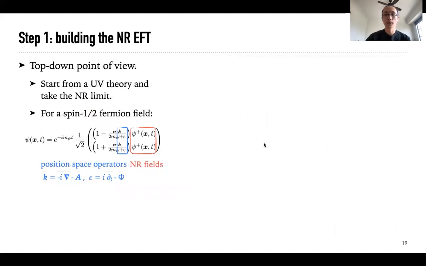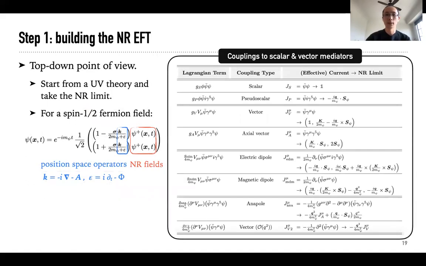So from the complementary top-down point of view, the idea is to start from a UV theory and take the non-relativistic limit. For example, here I'm showing a list of options for coupling a spin 1/2 fermion dark matter to a mediator, which then can couple to the fermions in the standard model.